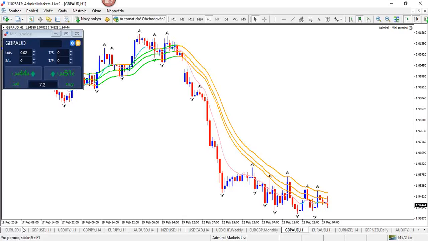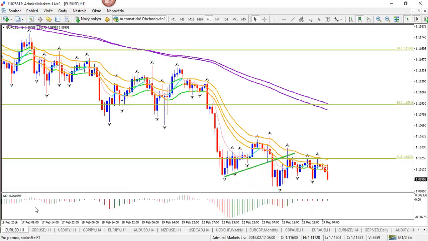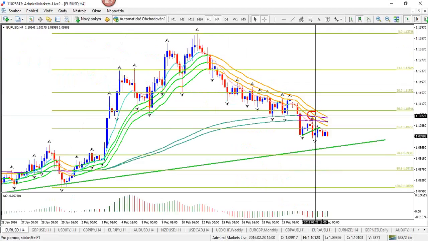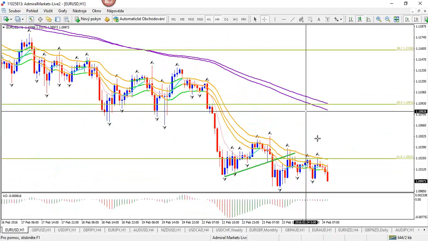Let's take a look at the live charts. So what we've got here, euro dollar. Well, as we said, there was a good chance of downside yesterday, just because price could go back to this 21 EMA band on the 4-hour chart or the 1-hour chart. We were looking at the EMAs.